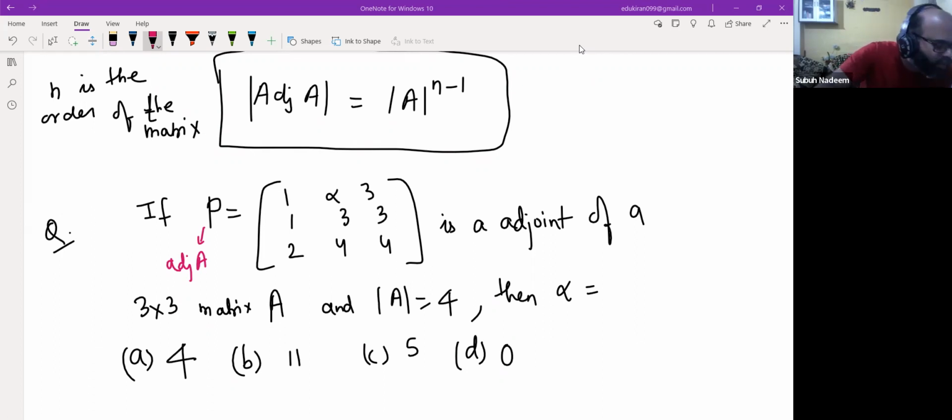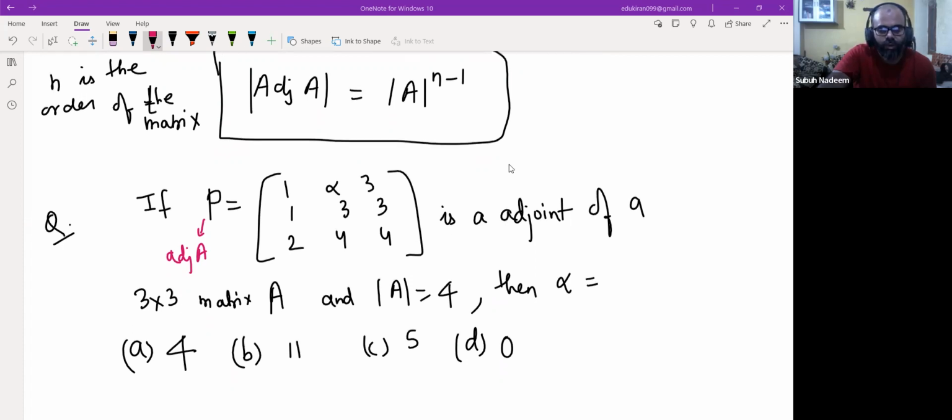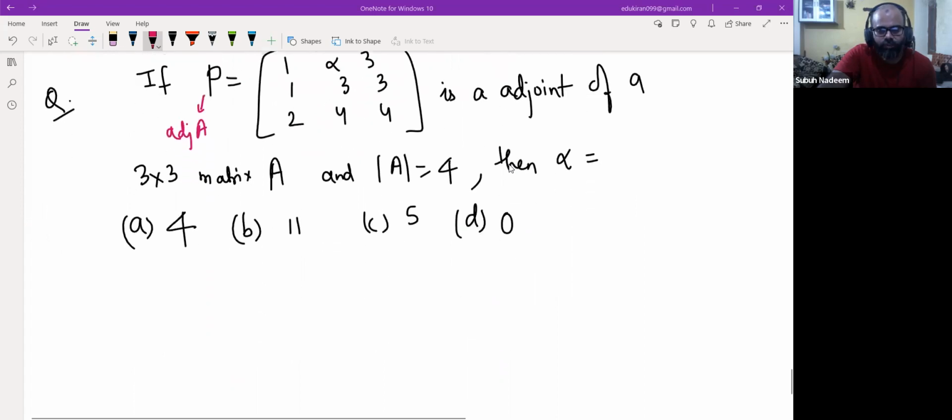Priyadarshini is saying the value is 4. Priyadarshini, I think you have not got the correct answer. Krishna is saying option B, which is 11. That is fine, Krishna. It won't take much time to calculate it.